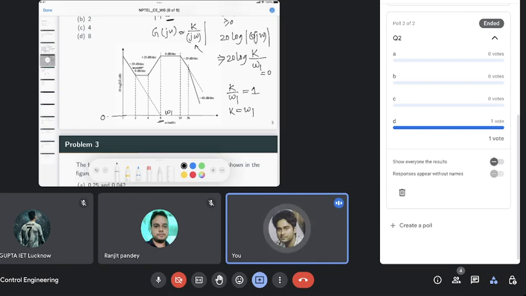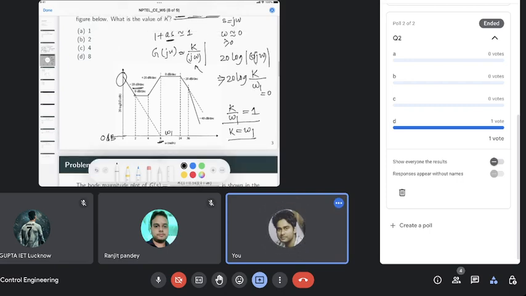This is basically the initial minus 20 dB slope line, or its extension, where it meets the 0 dB line, or magnitude of 1. 0 dB is also equal to a magnitude of 1. So from this relation, it's exactly this frequency at which it hits that is numerically equal to the gain value K. So this is 8, and the correct answer is 8.